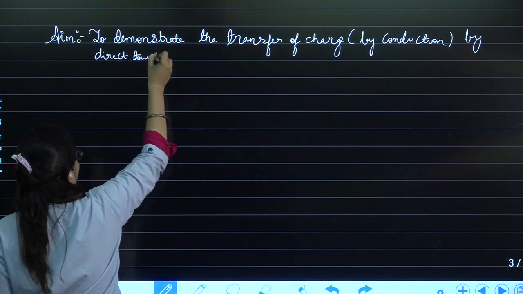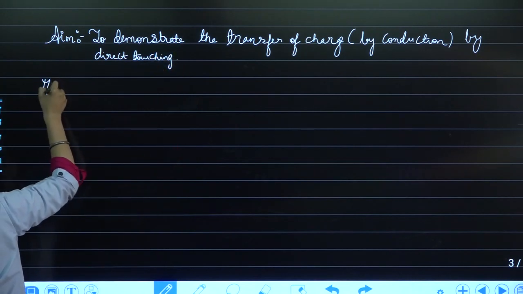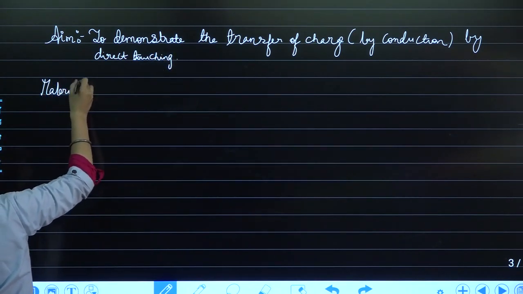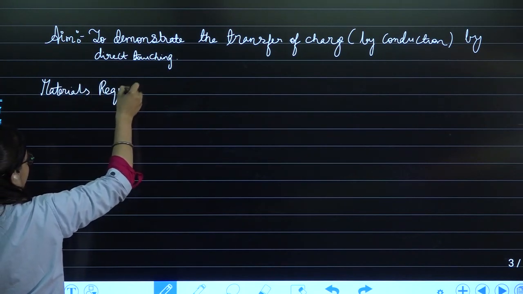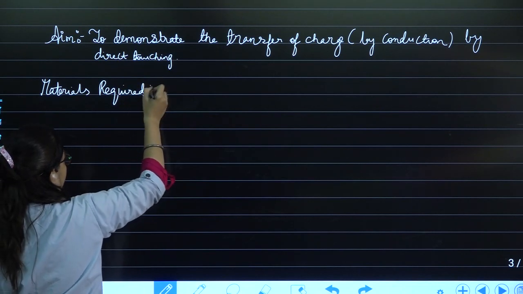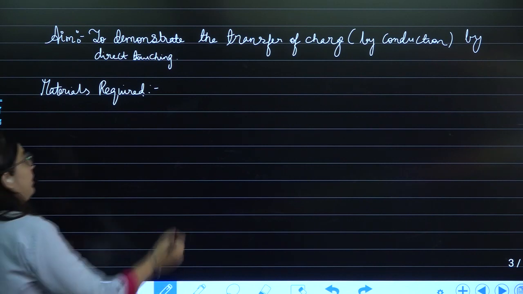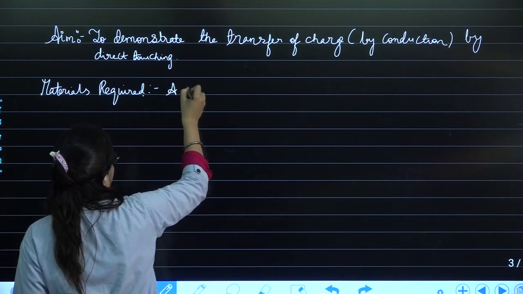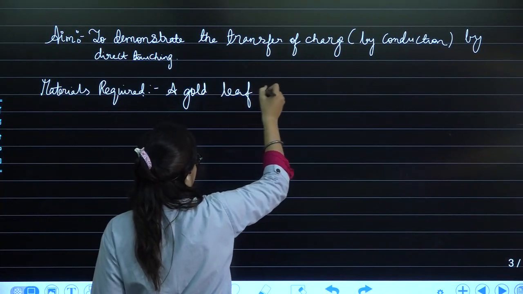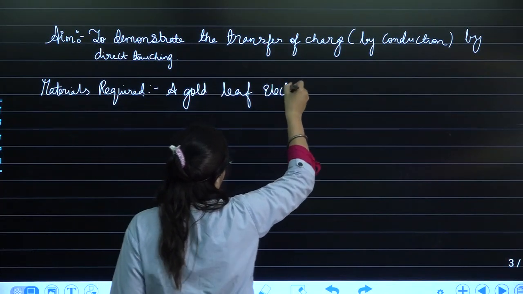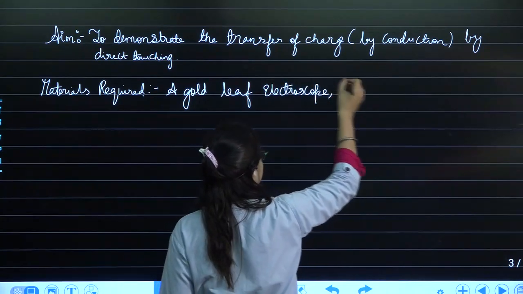For that, what are the things which we need? The materials required are a gold leaf electroscope and an ebonite rod.